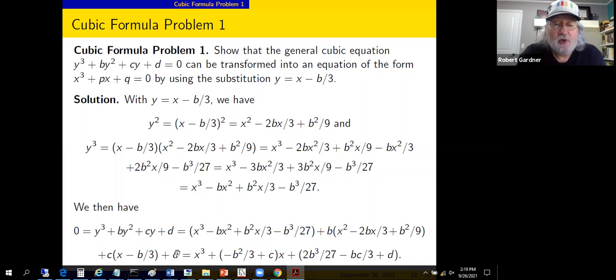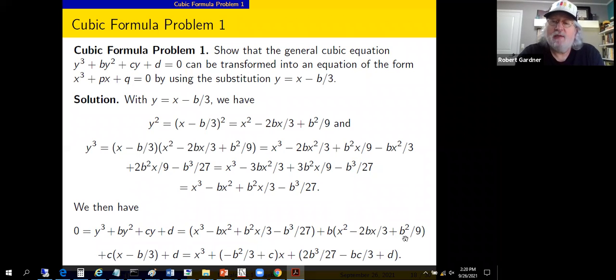Let's see if we can make the books balance there. The d, there it is. Distribute, that'll give us negative bc over 3. There it is. So we need to combine these two terms. This, when you distribute the b, is also a b cubed term. So we got negative b cubed over 27 plus b cubed over 9. Let's take b cubed over 9 and write it as 3b cubed over 27. Multiply numerator and denominator by 3.